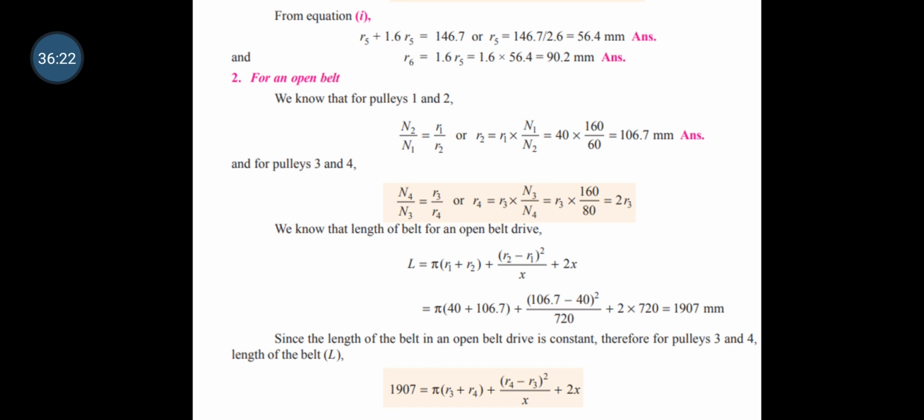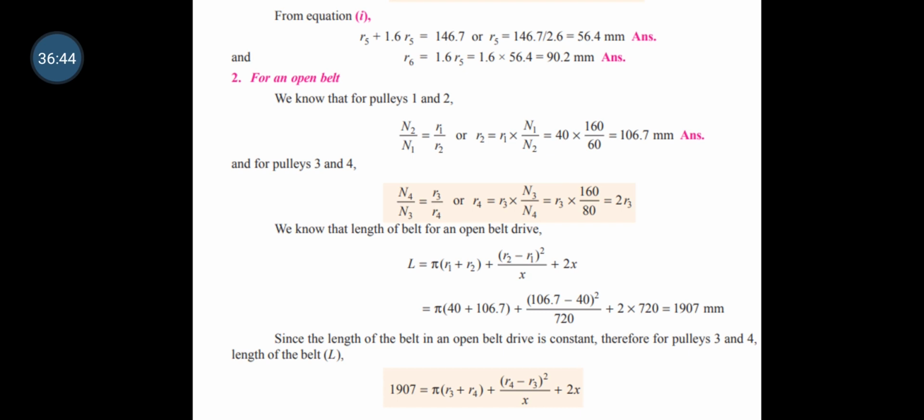Now we are going to see about the radii for open belt conditions. In open belt conditions, for pulley 1 and 2, N2 divided by N1 is equal to R1 divided by R2. In these relations we have to find out the radius 2, R2 is equal to 106.7 mm, and for the third and fourth pulley, N4 divided by N3 is equal to R3 divided by R4.